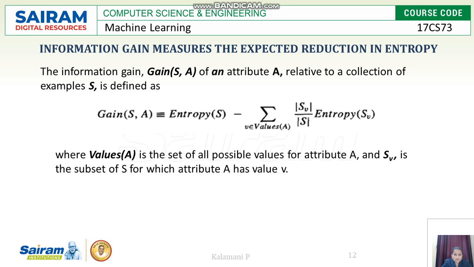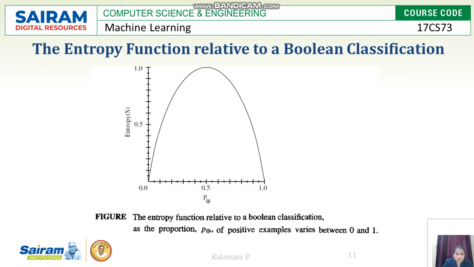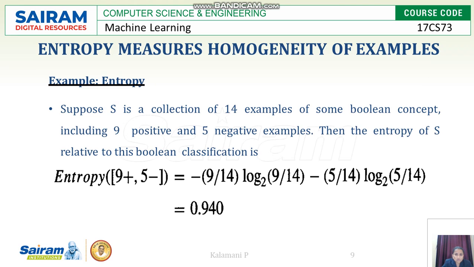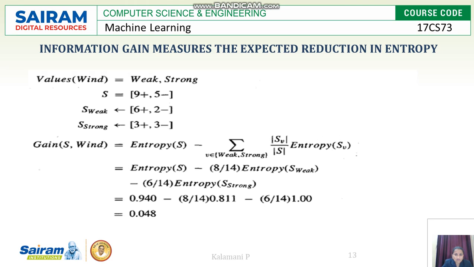Values of A is the set of all possible values for attribute A. For example, outlook takes the possible values sunny, overcast and rain, three possible values. Temperature takes three possible values: hot, mild and cool.